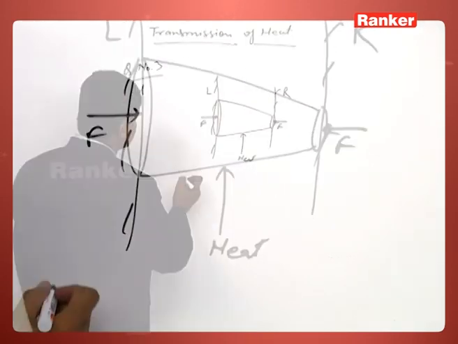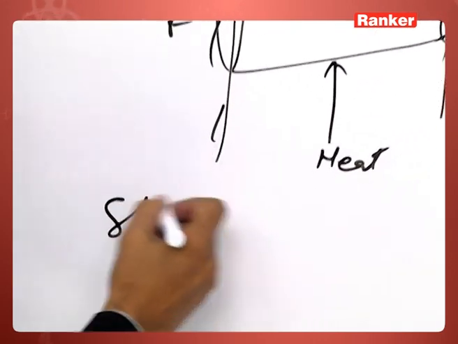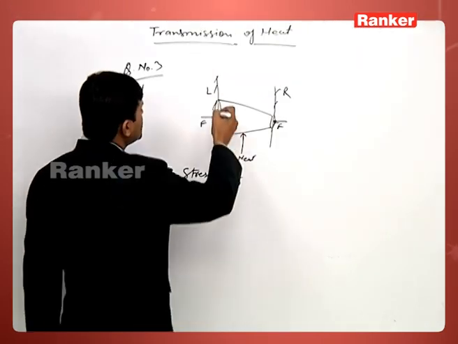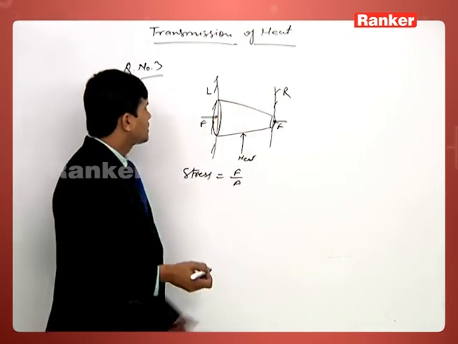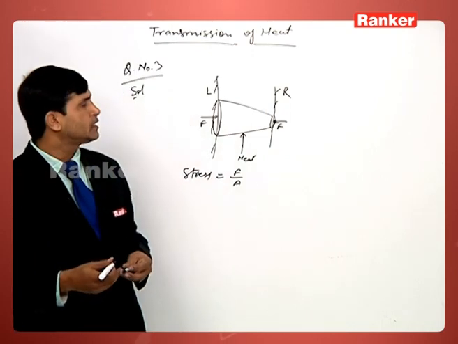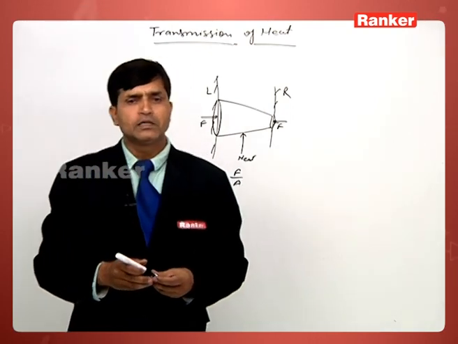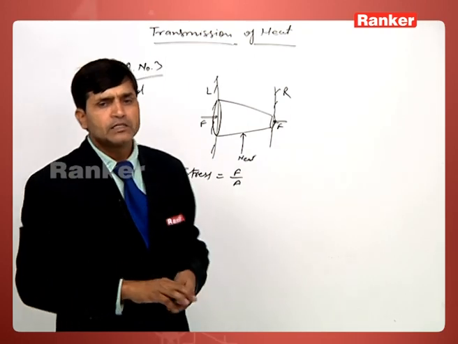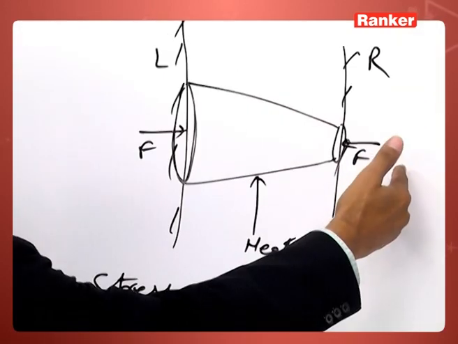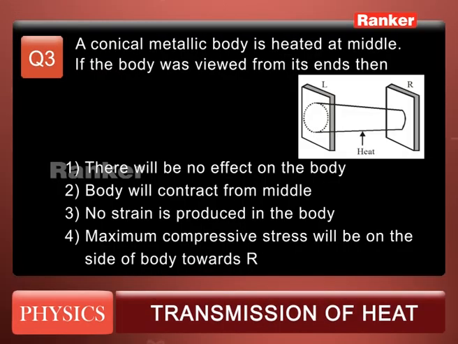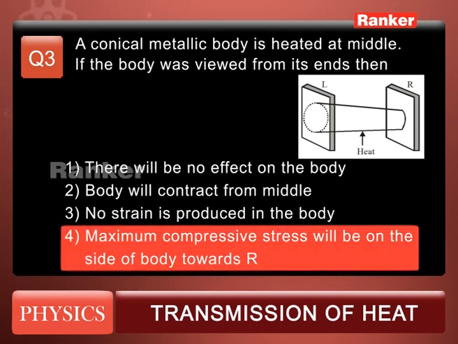So stress is equal to force per unit area. Since the area of this side is less, the stress at the left side will be less, and the area of the right side is more, so the stress at the right side will be more. So maximum compressive stress is from the right side. So the correct option is option number 4. This is the correct answer.